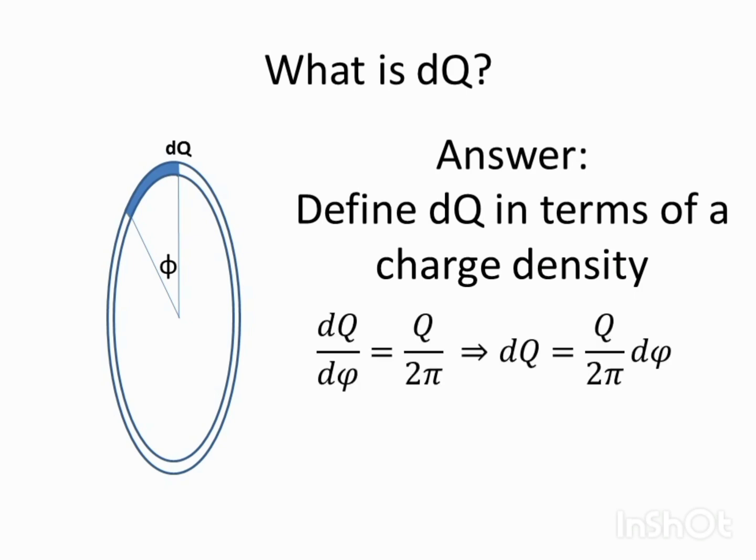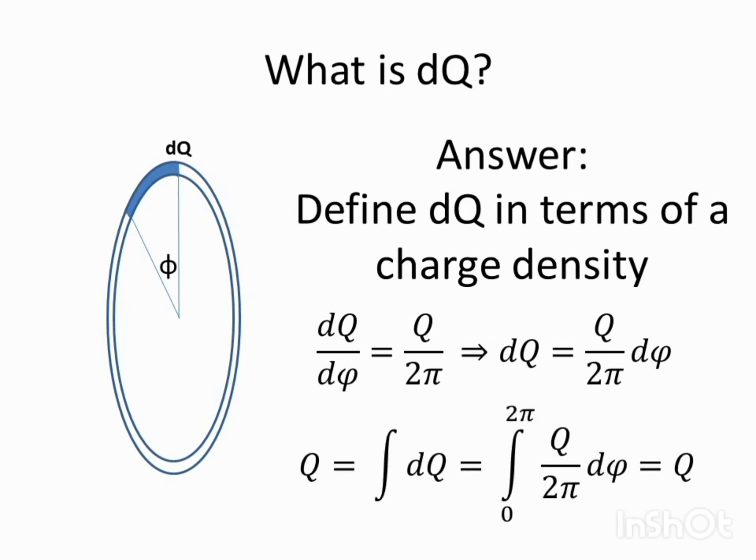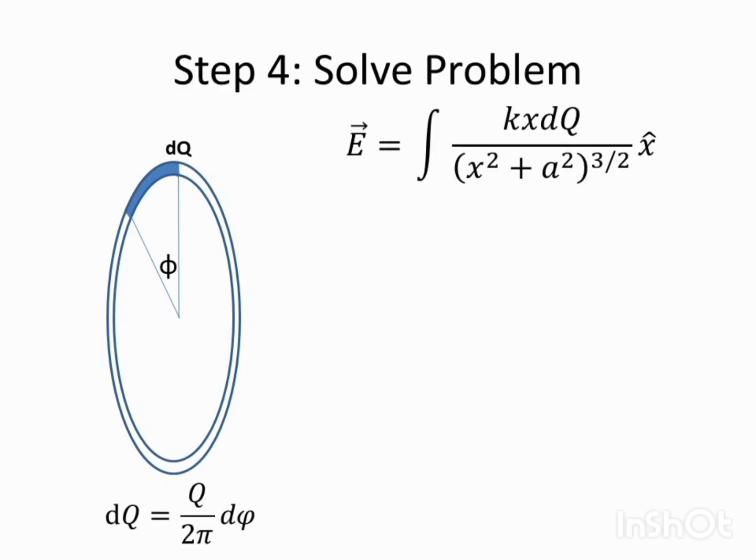Therefore, we can say that the ratio of the infinitesimal charge to the infinitesimal angle is equal to the ratio of total charge to the total angle. We can check that our charge density is correct by integrating it over the ring, and indeed we obtain a total charge Q in the end.